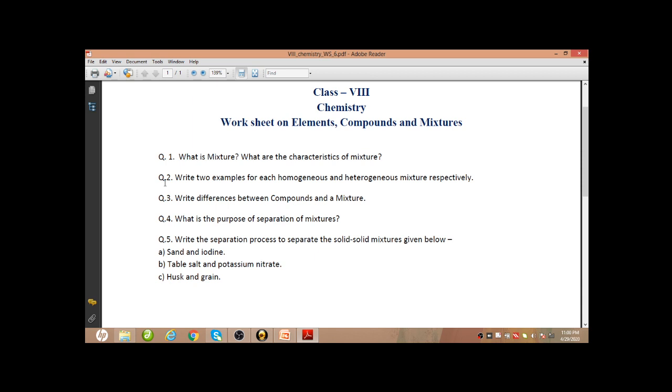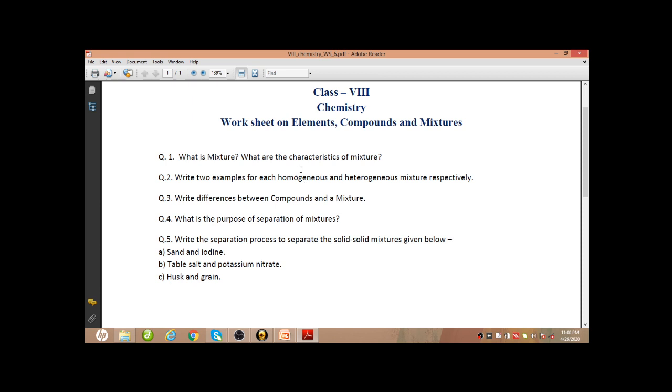Next, write two examples each for homogeneous and heterogeneous mixtures. Homogeneous mixture examples can be salt and water, or sugar and water, or oil, alcohol and water.